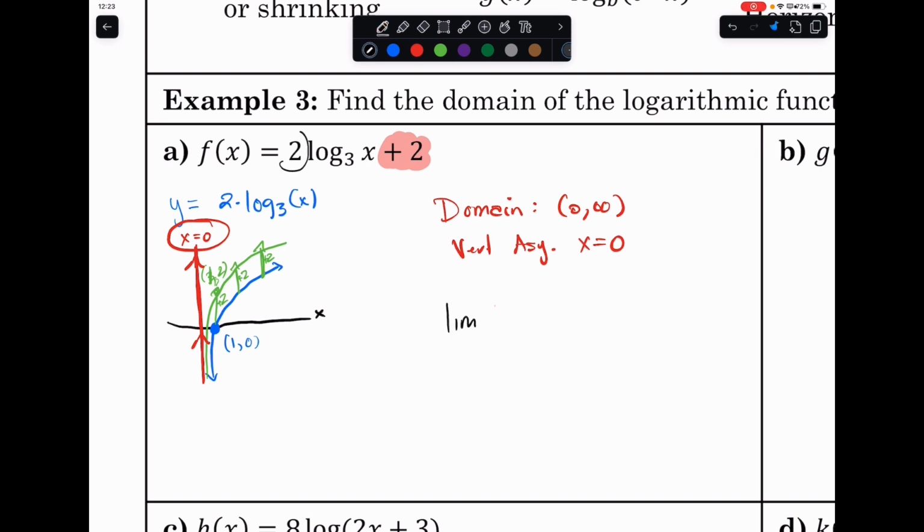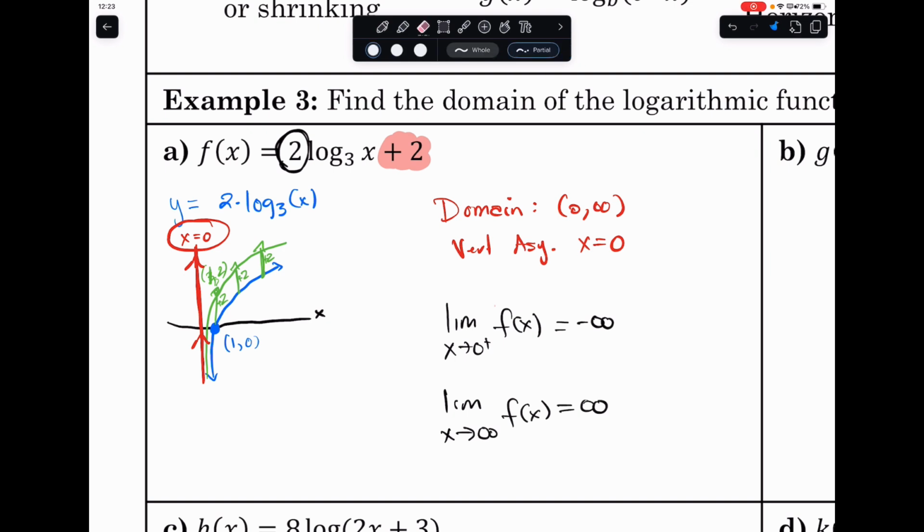Because this 2 is positive, the end that's approaching the vertical asymptote, which is the left end, is still decreasing without bound. And the right end of this function is increasing without bound. So that doesn't change either, because the plus 2 does not affect, again, the x coordinates.